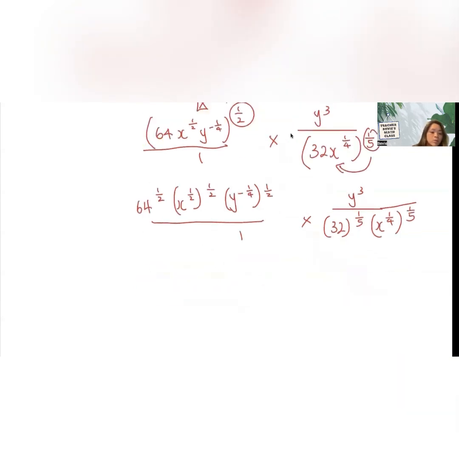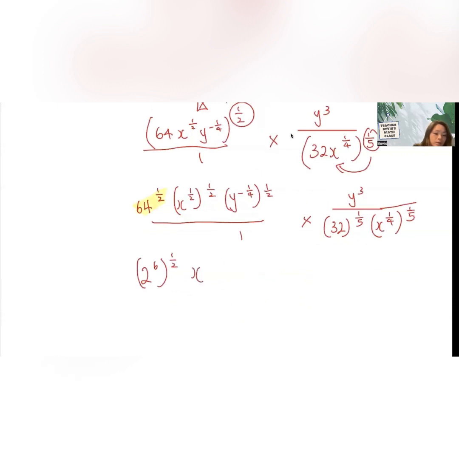To simplify this a little, 64 to the power of half. How can I simplify this without using a calculator? I can change this 64 to a smaller base, which is 2 to the power of 6, to the power of half.